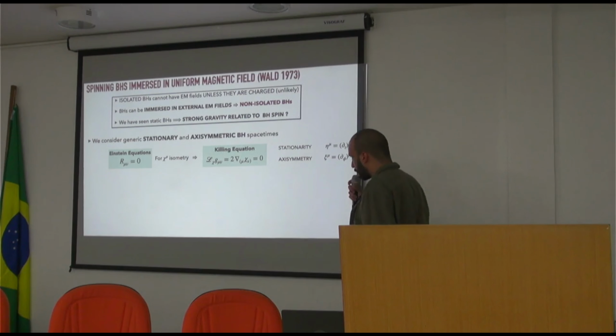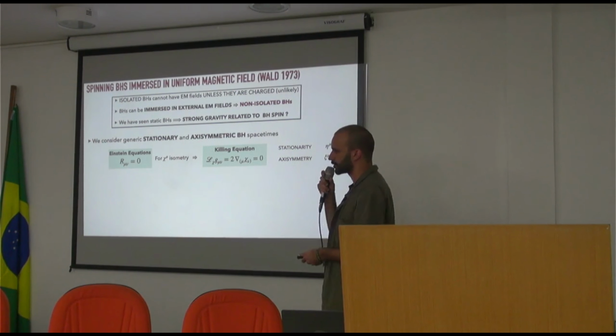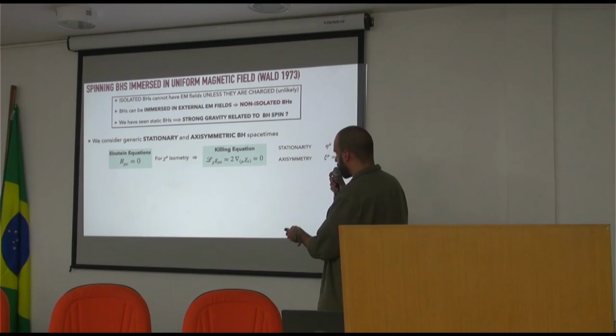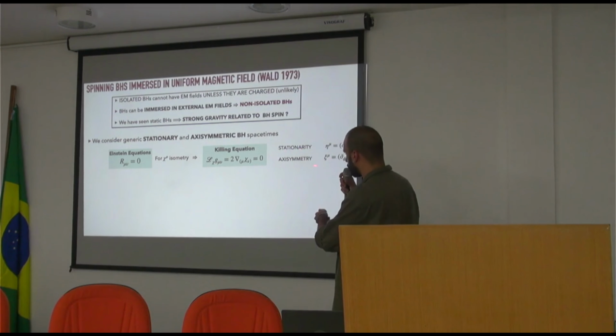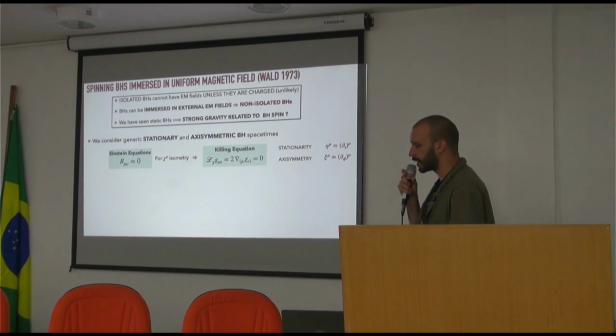And the starting point is remembering that stationary and axisymmetric black hole spacetimes must be solutions of Einstein's field equations in vacuum. And also that stationary and axisymmetric black holes are characterized by Killing vectors, one for stationarity and one for axisymmetry. And the Killing vectors obey the Killing equation.